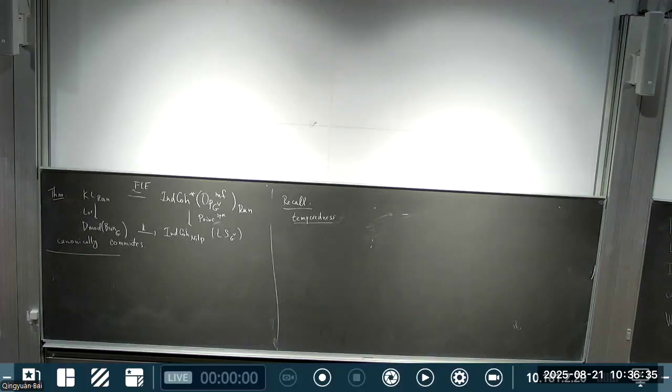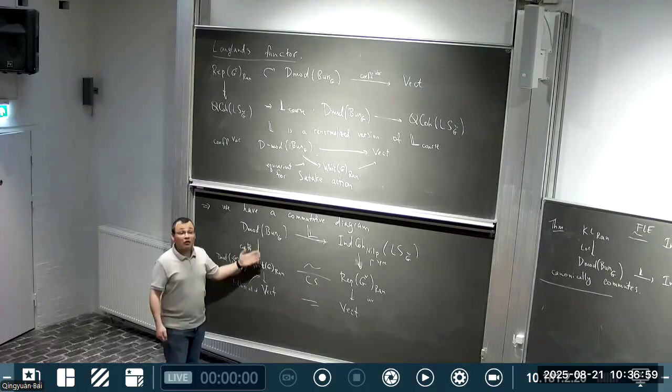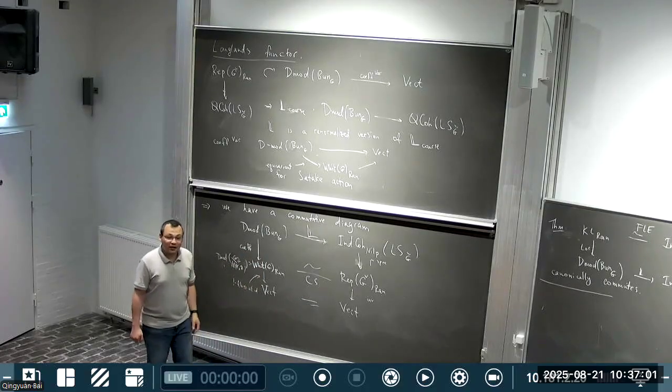It's like a free module: if you want to know that a map from a free module is the same as some other map from a free module, you identify the generators, and if the generators go to the same thing, then the maps agree. Co-free is the dual thing for that.